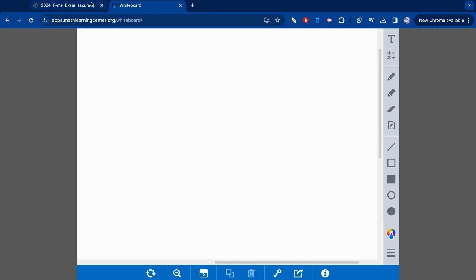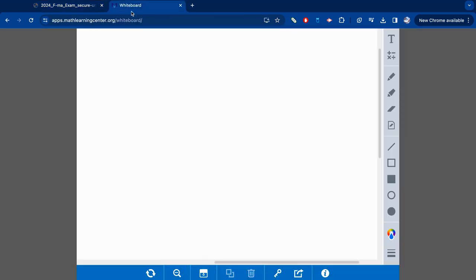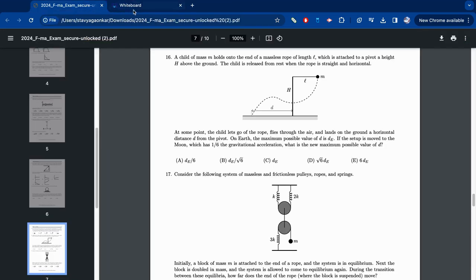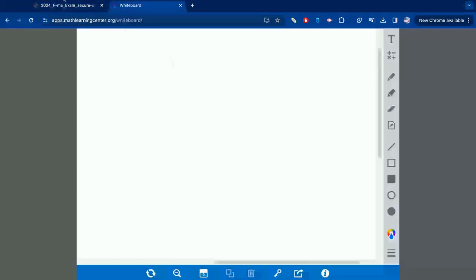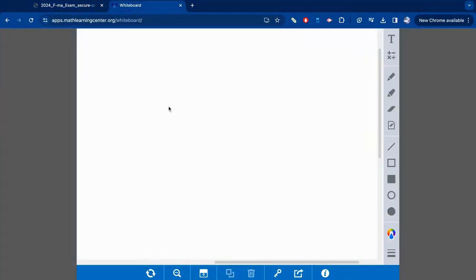So for this problem, we can just assume without loss of generality that the child lets go of the rope here, like at the bottom of the trajectory, to make it easier to calculate. So if we assume that, then first of all, we know that its speed is going to be this by conservation of energy.